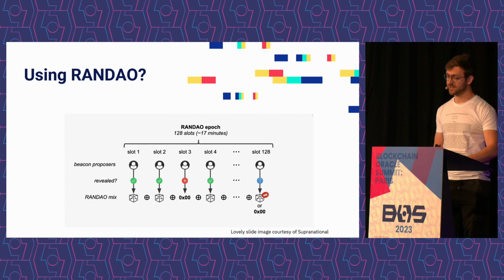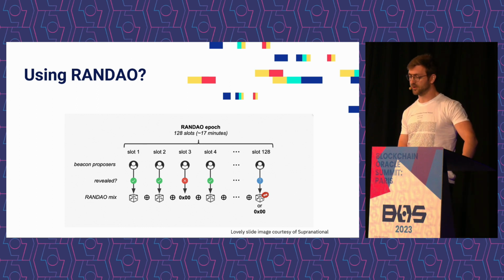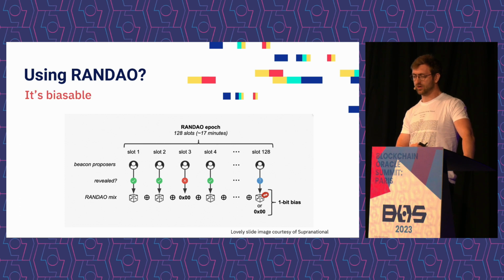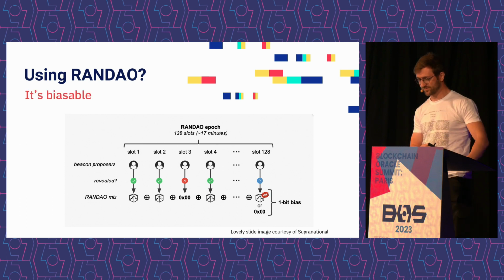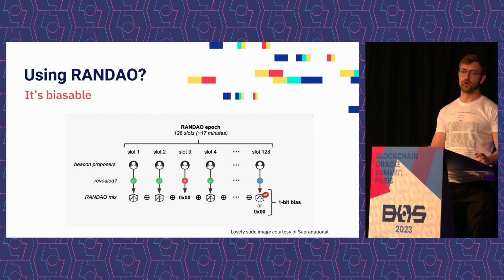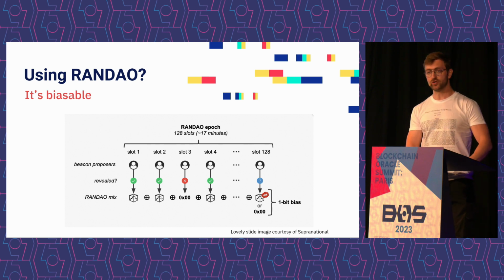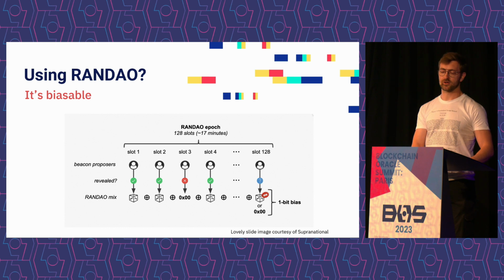So that sounds pretty good. You've got 128 people, so it sounds pretty random. But the issue is, it's biasable. If you're someone with a lot of stake in the Ethereum network and you manage to get a whole bunch of these slots, particularly at the end, you could choose to reveal or not reveal your committed randomness in order to influence the final result.